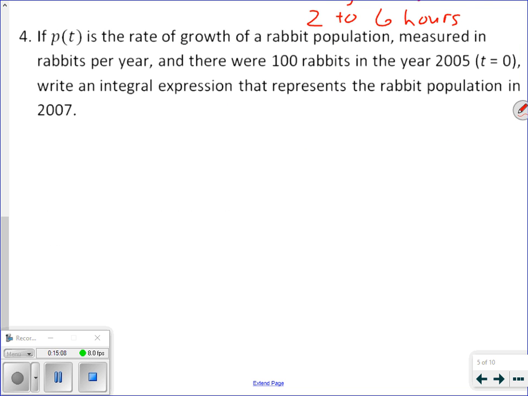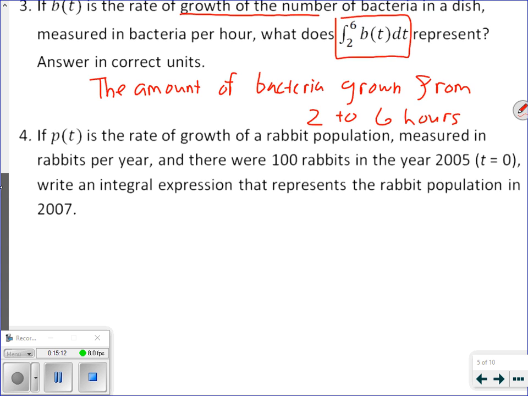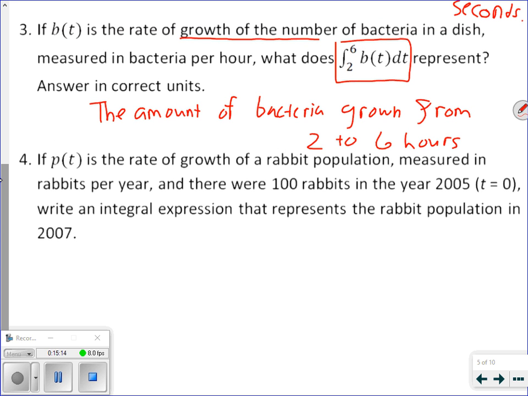And then lastly, if P of t is the rate of growth of a rabbit population measured in rabbits per year, and there were 100 rabbits in the year 2005, time equals 0, write an integral expression that represents the rabbit population in 2007.